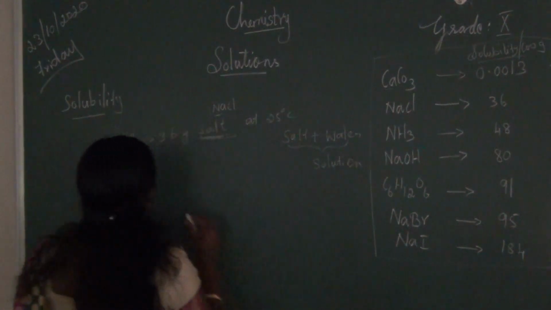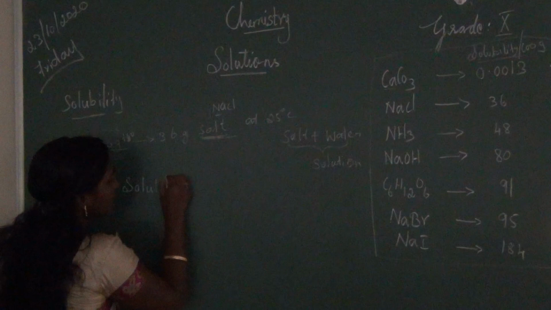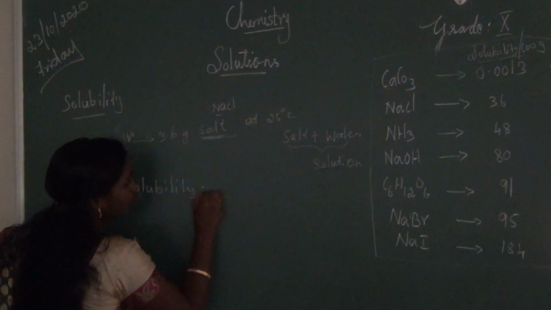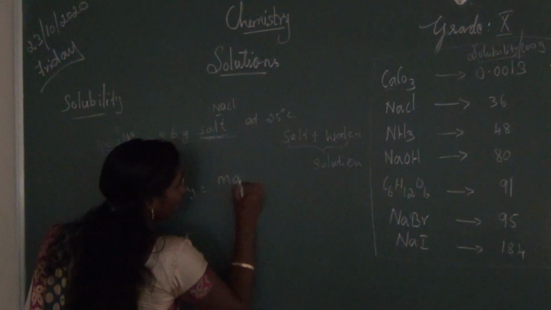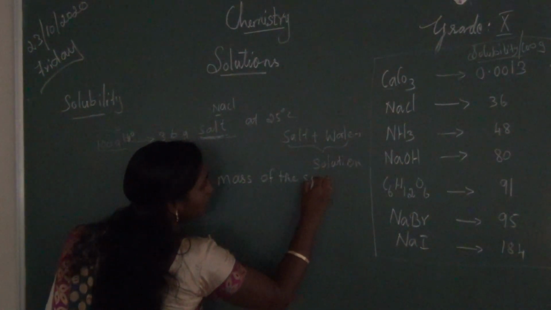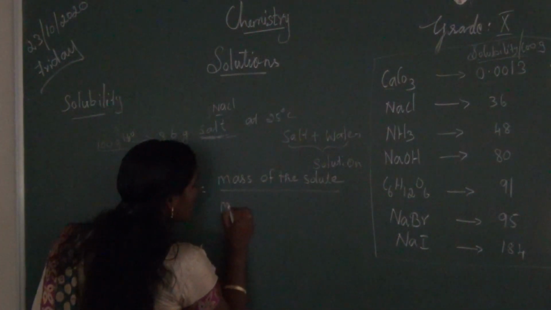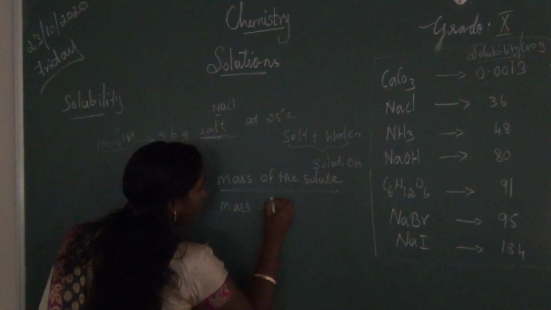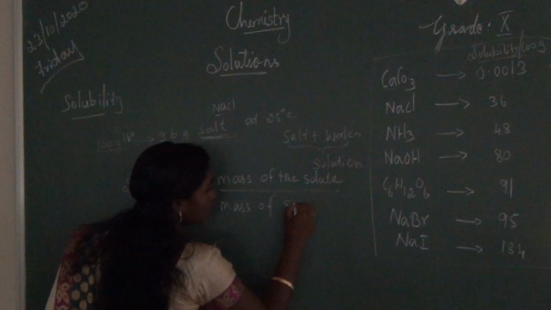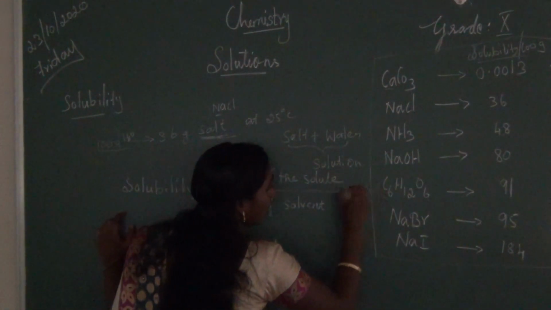Solubility is equal to the mass of the solute divided by the mass of the solvent, into 100. This is the formula.